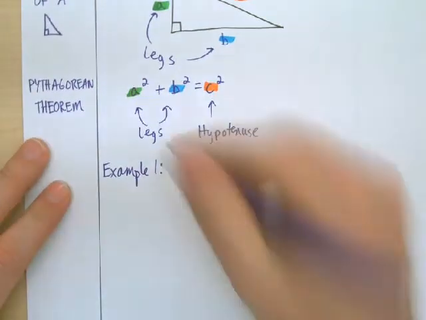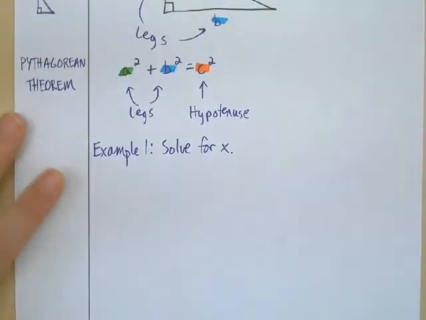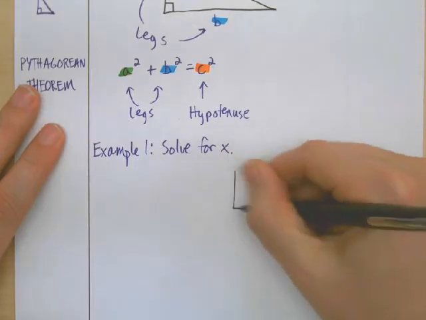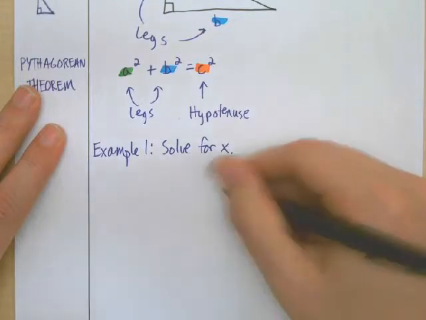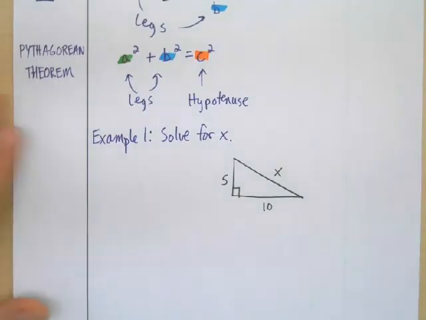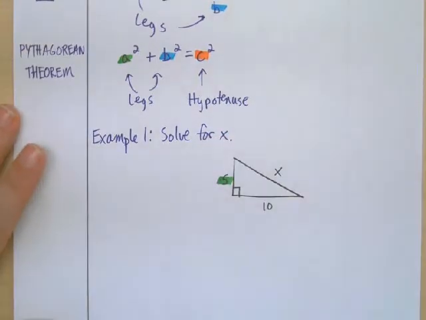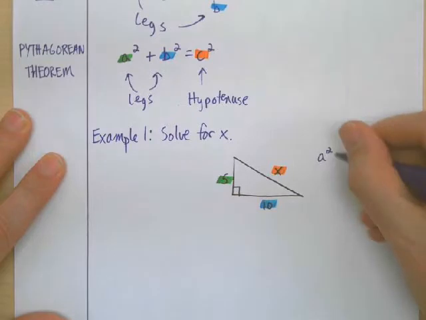Example 1, solve for x. Here's the picture that we're going to work with. So 5 is going to be A, 10 is going to be B, and X is going to serve as C. And I'm going to set up my Pythagorean theorem.